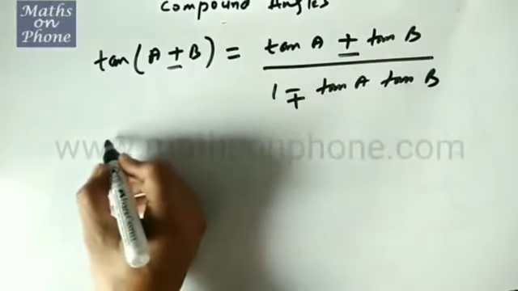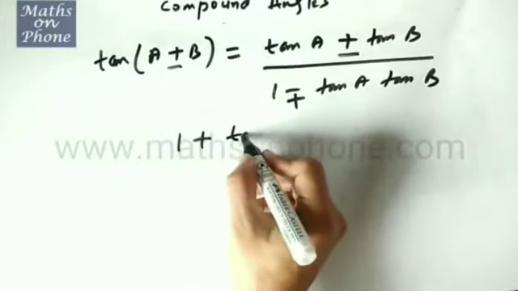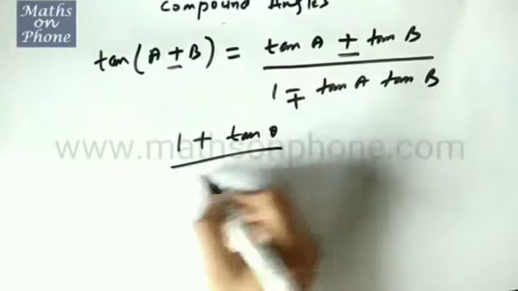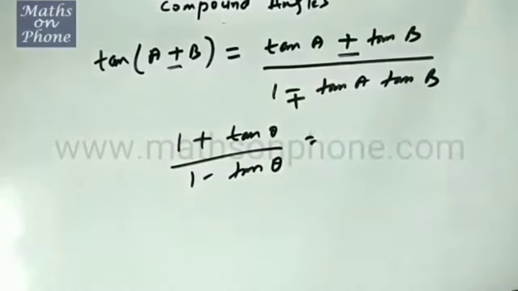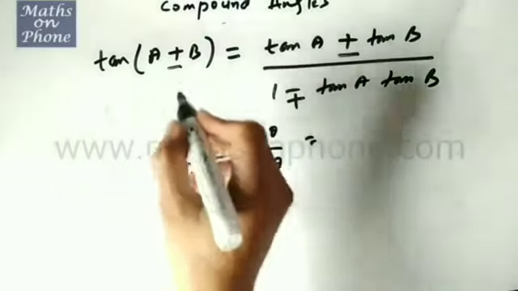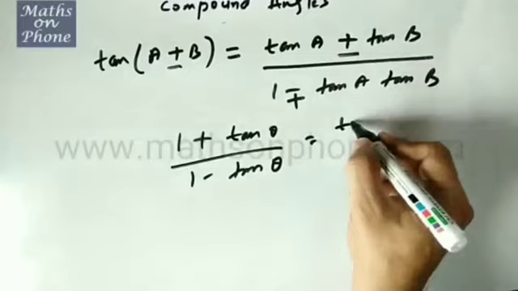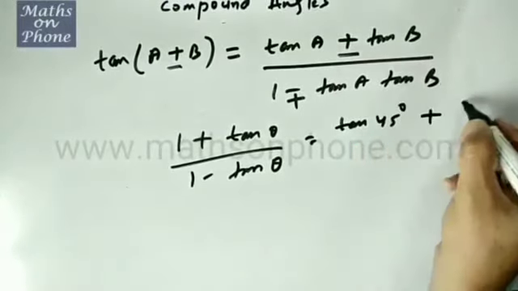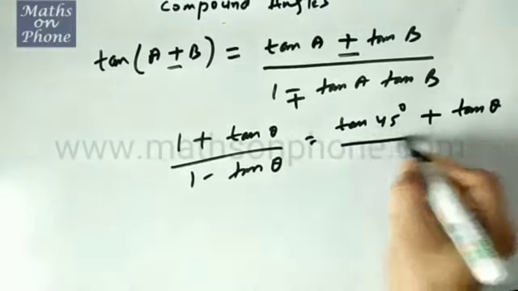Suppose somebody gives you (1 plus tan theta) by (1 minus tan theta). Just think what application we can make. We have tan(A+B) and tan(A-B). So for 1 I am writing tan 45 degree, and tan theta I keep as it is.